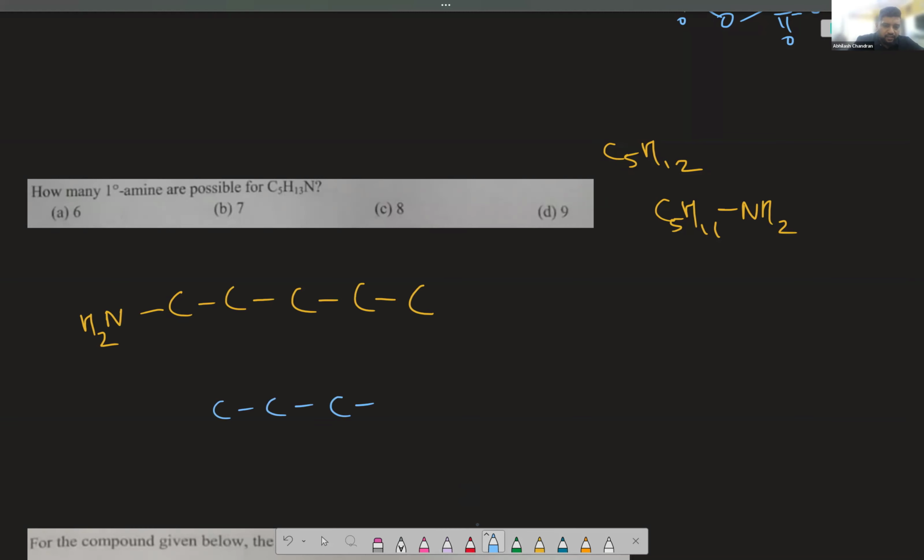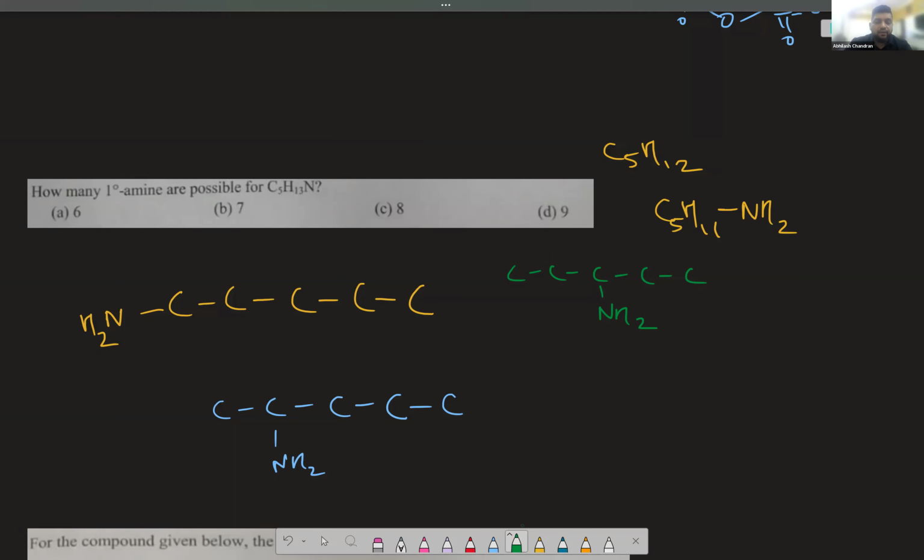With n-pentane, I can also have NH2 here, and one more option when I put it here. The third one would be C, C, C, C, C, a straight chain, with NH2. So this is 1-pentanamine, 2-pentanamine, and 3-pentanamine. These are the three possible isomers out of normal pentane.